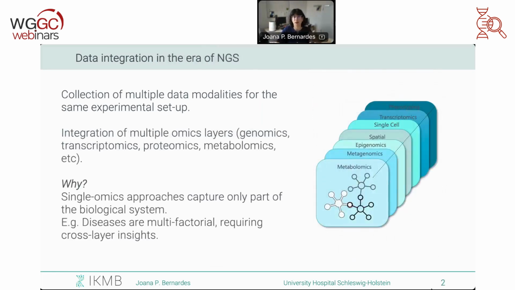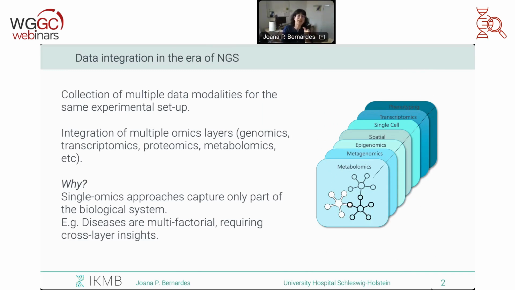However, at the moment, with the advance of next generation sequencing, we are collecting data at multiple levels, from metabolomics, metagenomics, epigenomics, spatial, single cell, etc., and we are trying to do this for the same simple phenotypic experiment.